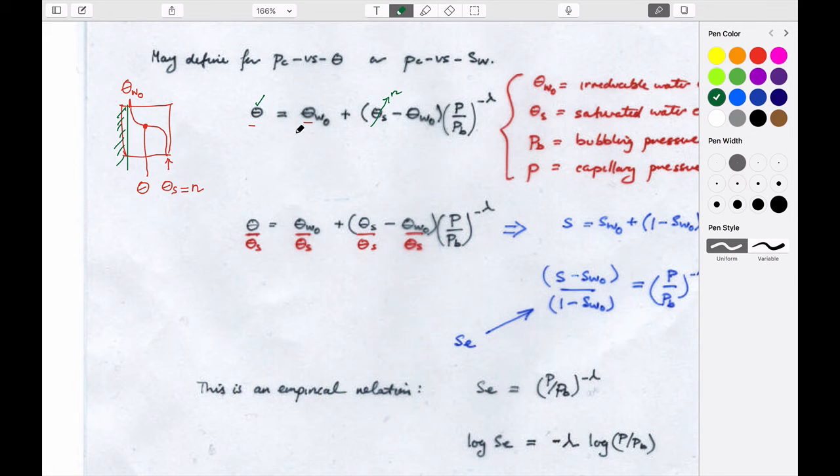And so what we could do is subtract this term to this side, and divide both sides by this term here.